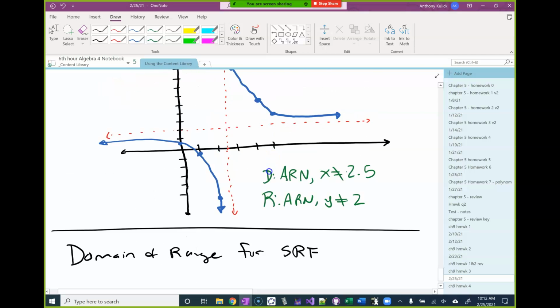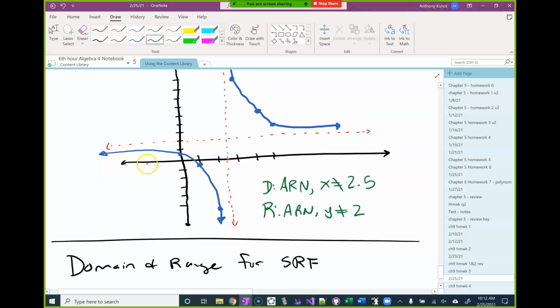So if you'd picked -3, there's certainly a point there that corresponds to an x coordinate of -3, right? And you can do that for any x coordinate except for where the vertical asymptote is, because the graph doesn't cross that point, so there's no point on the graph that takes that x value. And then the range is the same thing, except we're talking about y coordinates.